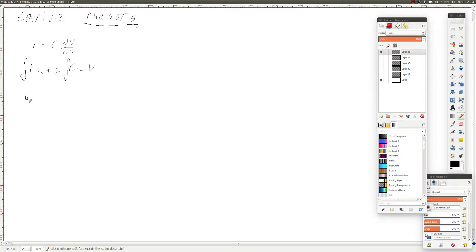This will give us I times t equals C times V. Now, we divide both sides by C, and we get V equals I times t over C. So, if you remember the format of our impedance model in Ohm's law, we have V equals I times Z. So we have this in mostly the right format, except for the fact that this is time dependent, not frequency domain dependent. So we need to make that translation.